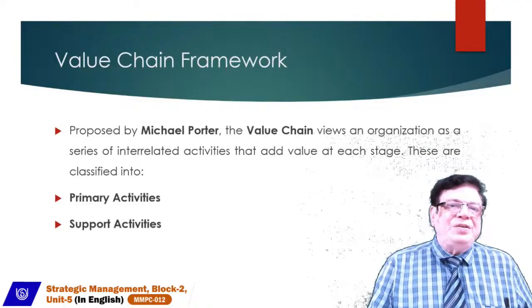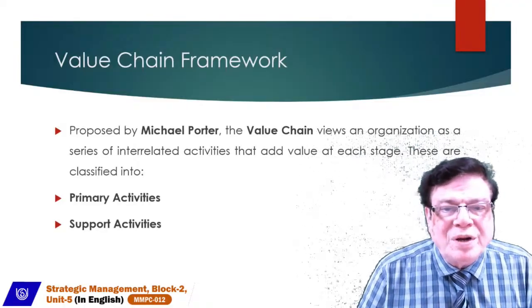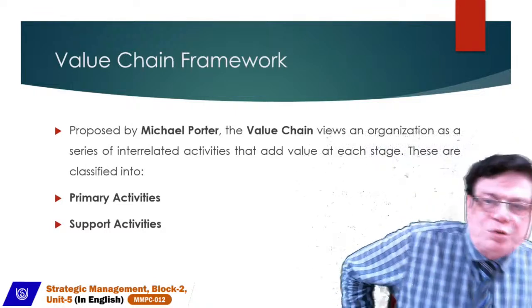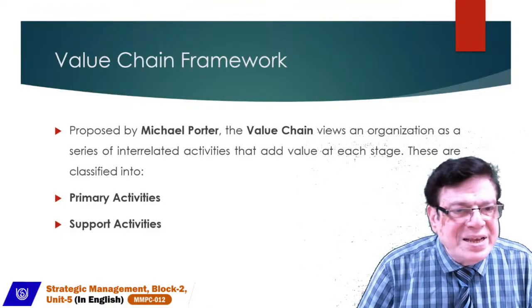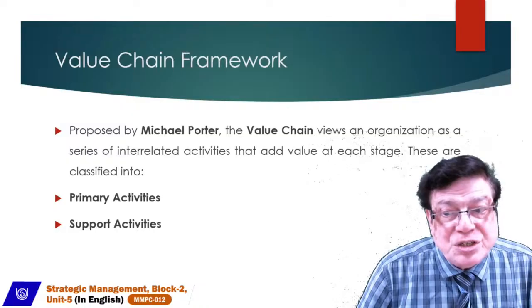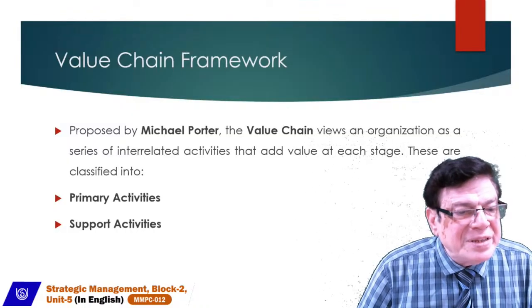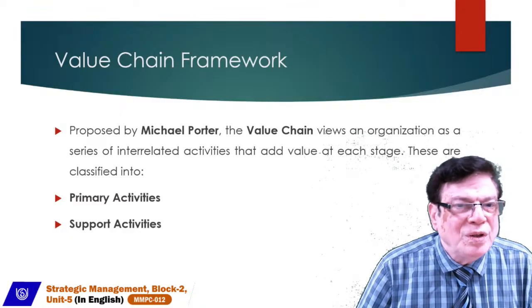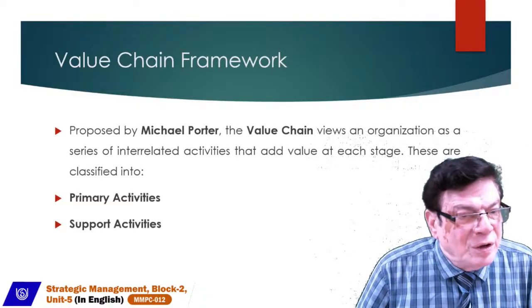Next is the value chain framework, proposed by Michael Porter. The value chain views an organization as a series of interrelated activities that add value at each stage. These are classified into primary activities and support activities. So, what is the value chain framework?